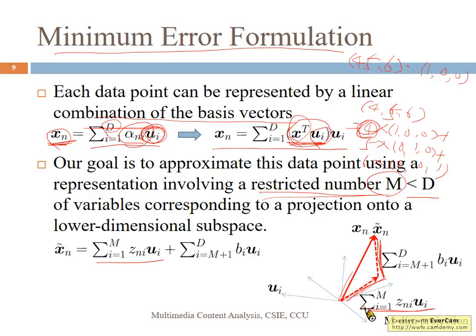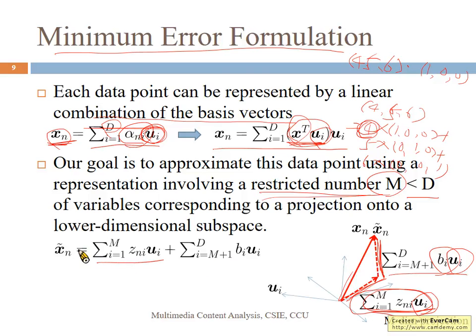So here is the lower dimensional representation, which is actually the linear combination of selected basis vectors. And this part is another one. We have the remaining basis vectors and do some linear combination.